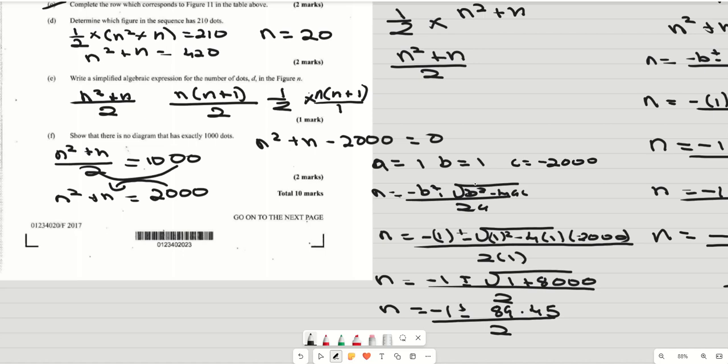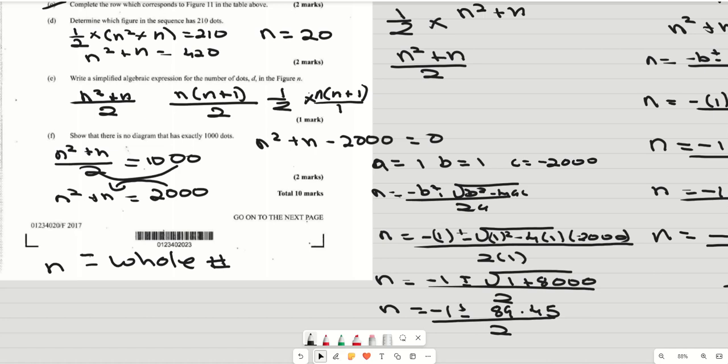Now, as soon as you get this, all you have to say is n is equal to a whole number, and the answer you're getting when the number of dots is 1,000 is not a whole number. So that's all you have to do.